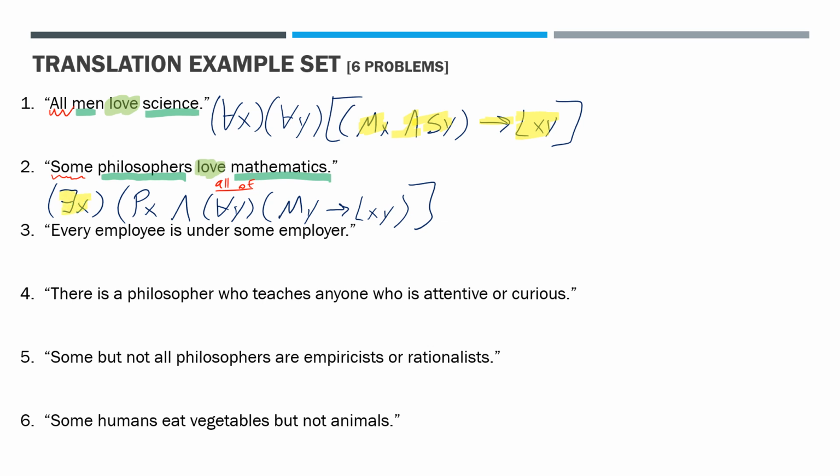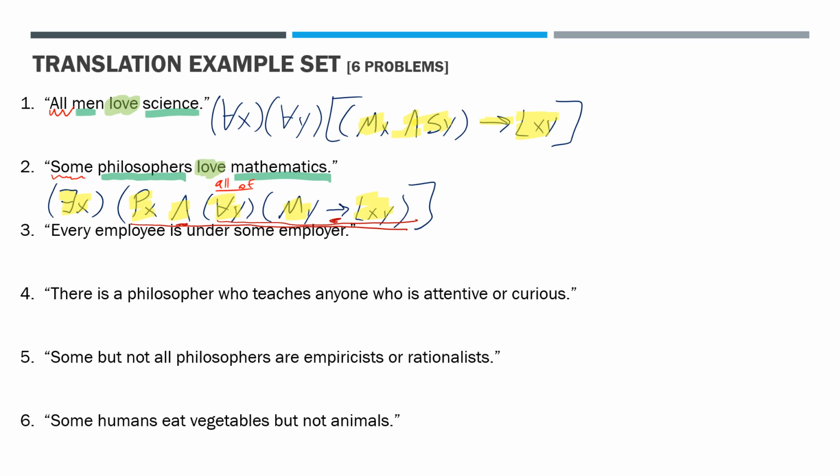There exists some x such that x is a philosopher, and for all y, if y is mathematics, then x loves y. And that makes sense, doesn't it? Because on the one hand, we have this and statement, we have a particular proposition. But on the other hand, embedded within that, so to speak, we have that loves all of mathematics. So here we have our conditional.